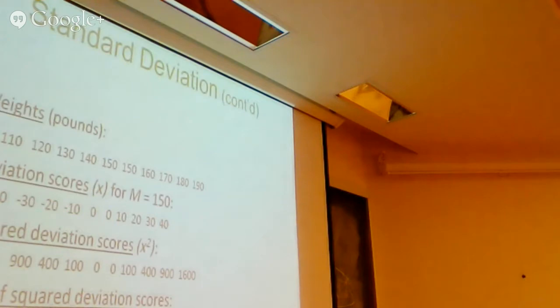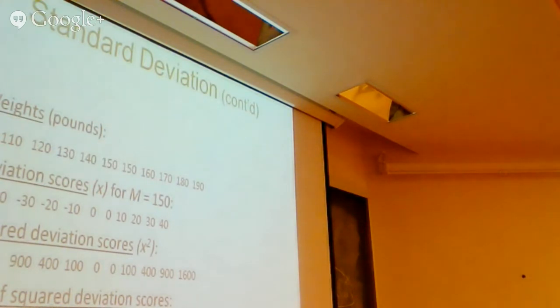The squares of these are going to be 1600 and so forth. We add up all the squares and we get 6000. The standard deviation for the sample, which is the statistic, is 6000 divided by n minus 1, which is 9. And take the square root of all that, we get 25.82. So that is the standard deviation in my sample.